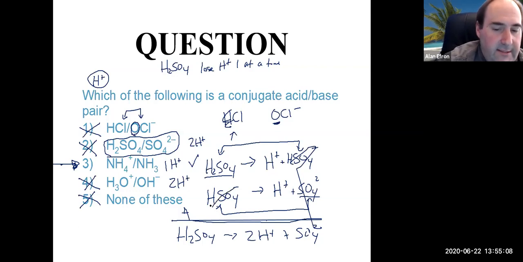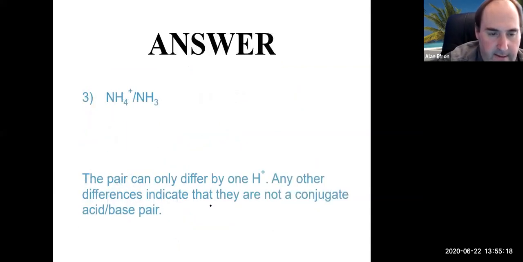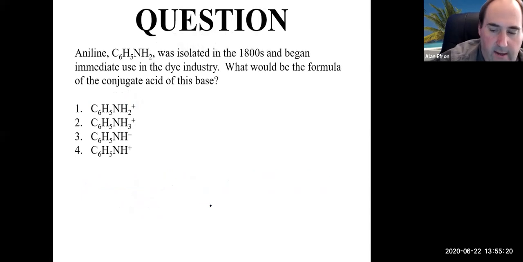But again, it's a stepwise fashion and those two are related to each other. Any questions on that? So why don't you try this one here? We have C6H5NH2. What is the formula of the conjugate acid?